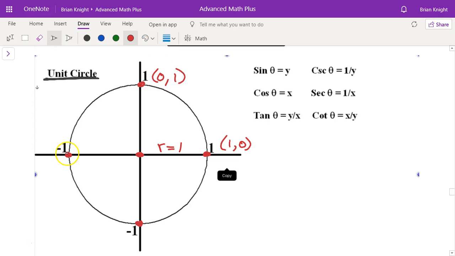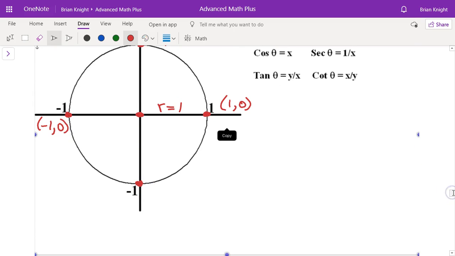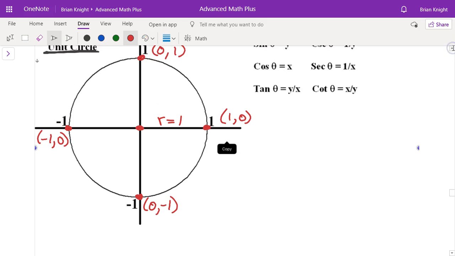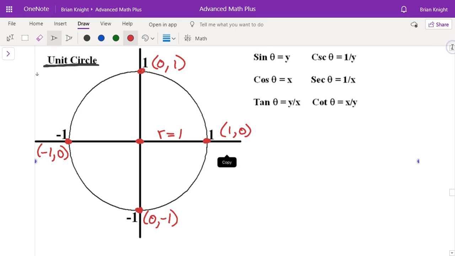What's this point? 1, 0. And what's this point? 0, -1. So you have all 4 points, and they all represent a different angle.